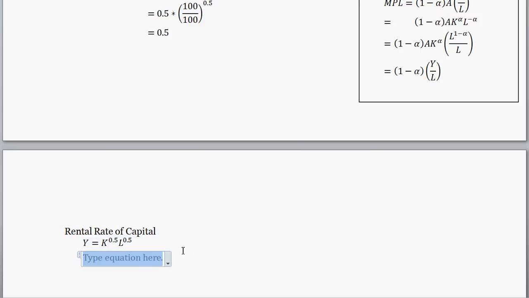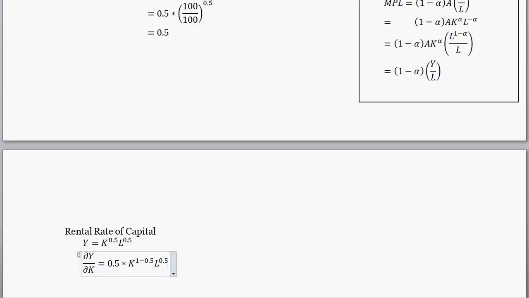So if we want to find how output changes, dy, given a change in capital, dk, we need to take the first derivative of this production function. So the exponent above k is 1/2, so 0.5 times k to the 1 minus 0.5, which I'll simplify in a second. And then L is unchanged, so it's going to stay the same.